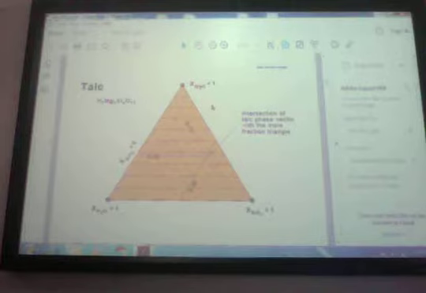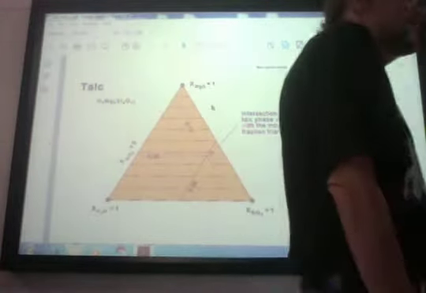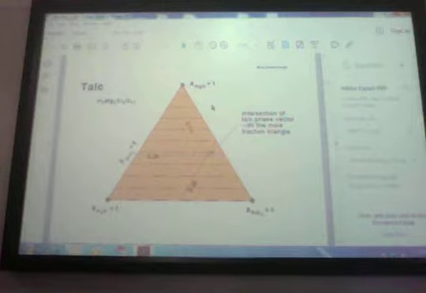So, and if you have drawn in these lines and if you have made it correctly, then all three lines must cross in one point. If they are not doing this, then something is wrong.